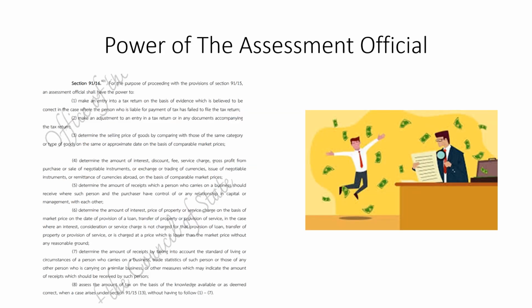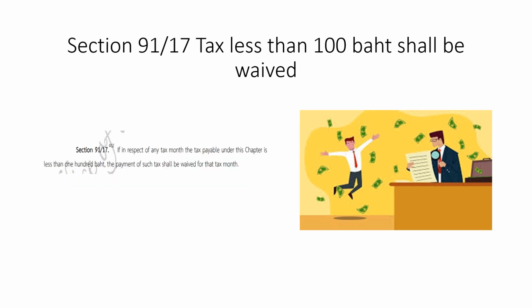In addition to the power to assess your SBT tax amount, Section 91/16 provides other powers of the officer, such as the power to ask for evidence or documentation, or ask you to come and give them more information regarding your specific business tax.